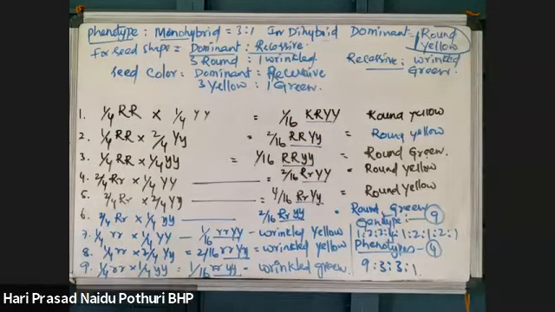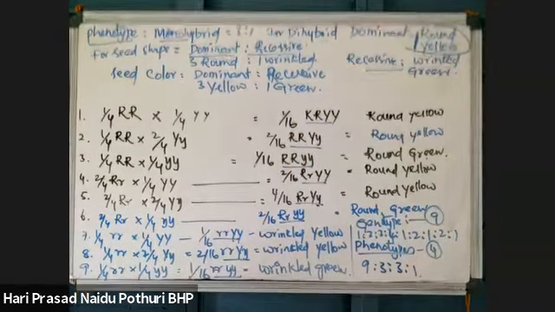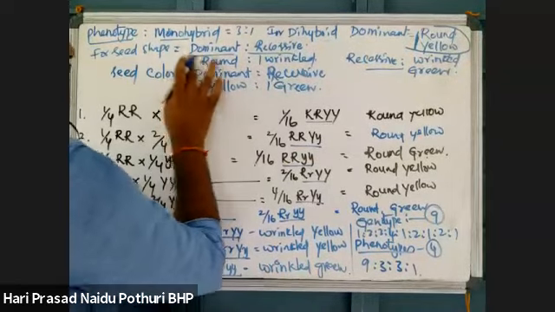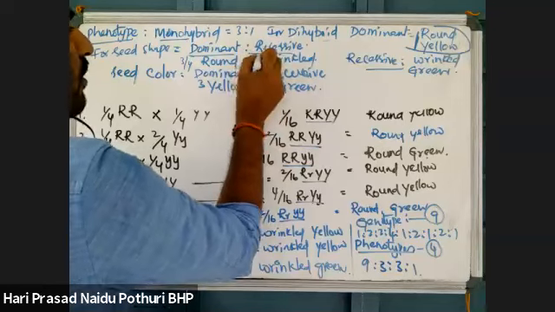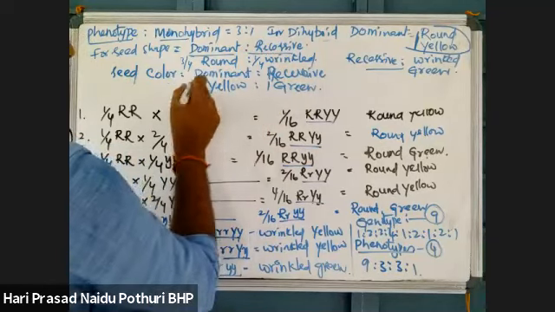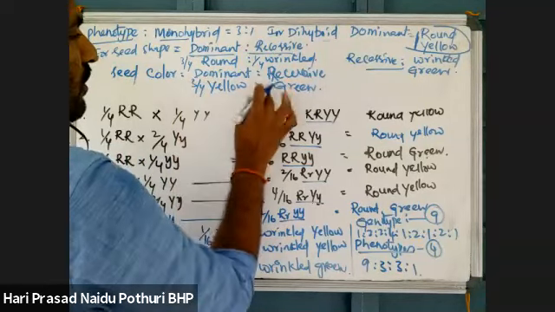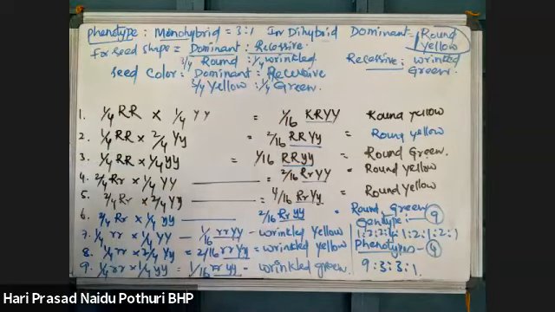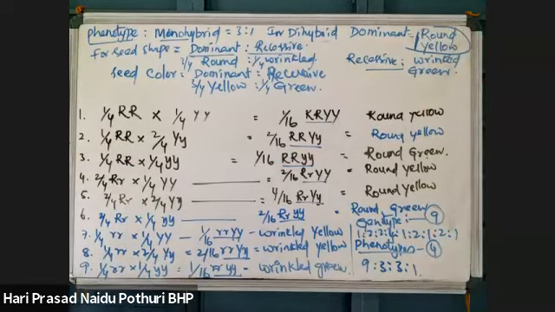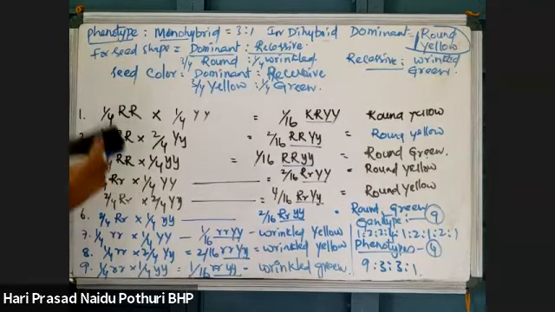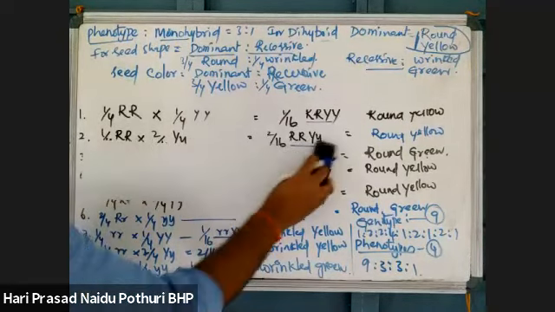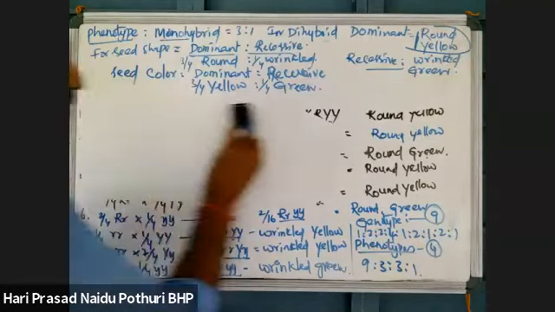Yes or no? 3/4 yellow, 1/4 green. This is possibilities. Can I erase this? Up to this I will erase, remaining you can copy if anyone has pending.